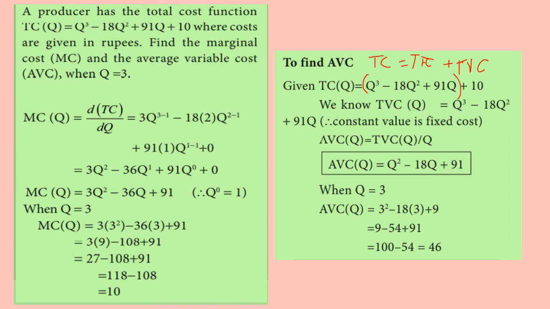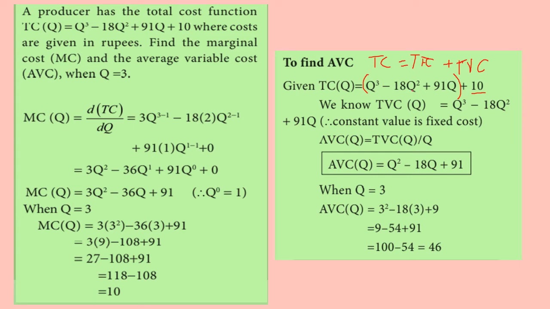Here we do not have any variables, so this is called the fixed cost. So in TC equal to Q power 3 minus 18Q square plus 91Q plus 10, this is the fixed cost and this is the variable cost.